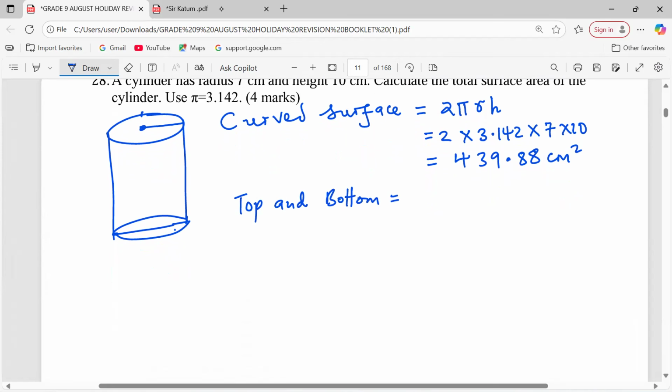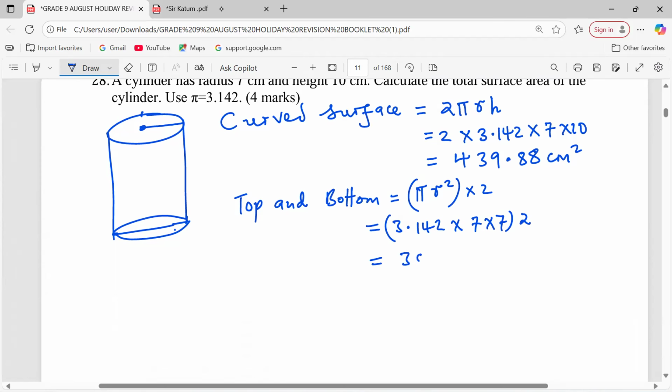For the top and bottom, we'll need pi r squared. But now that they are 2, then multiplied by 2. So we shall talk about pi r, and squared means times r again, then times 2. So this shall be 3.142 times 7, then times 7, then times 2.